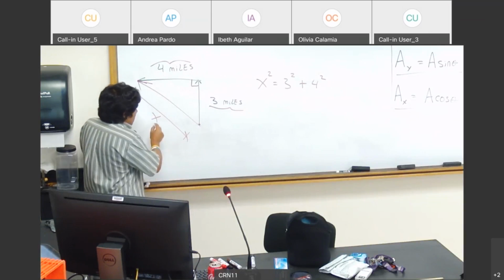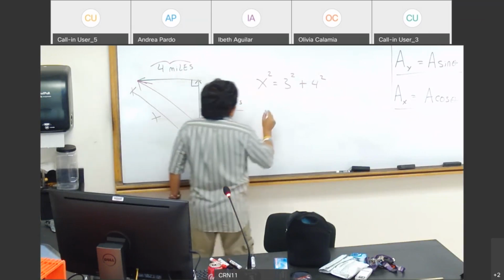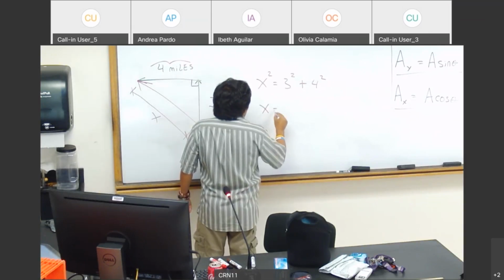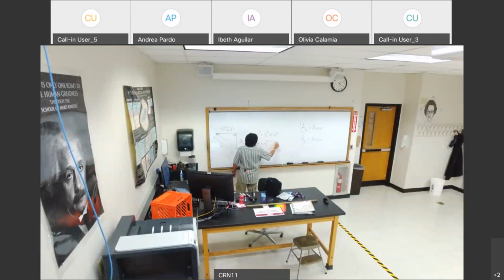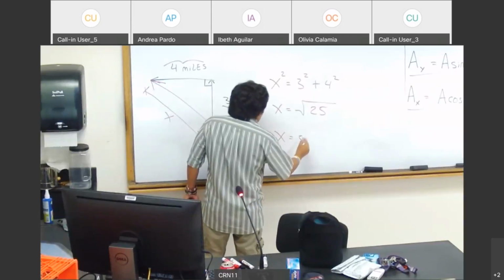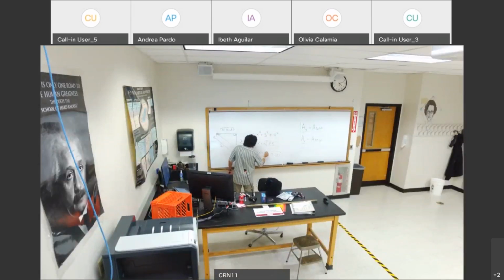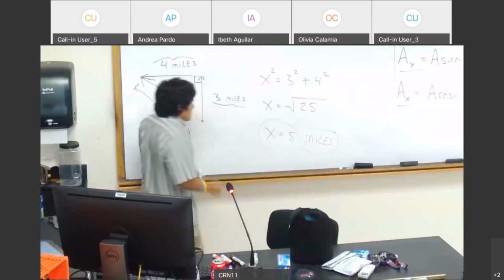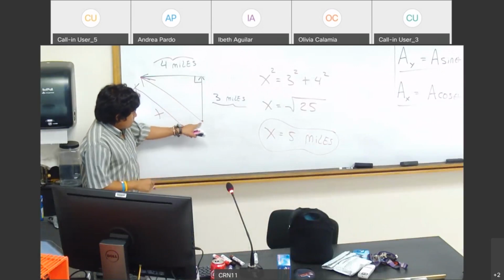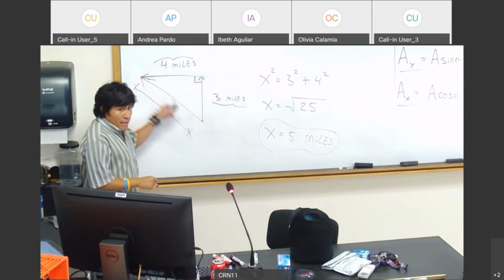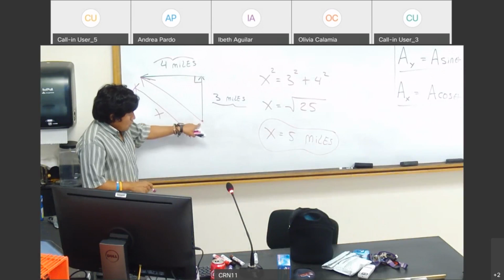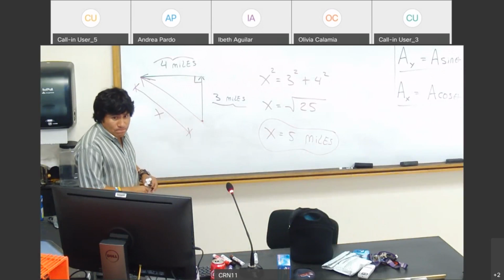We call this a resultant as well. All right? So x will be the square root of 9 plus 16, 25. So x is equal to 5, 5 miles. You are 5 miles away from your starting location.